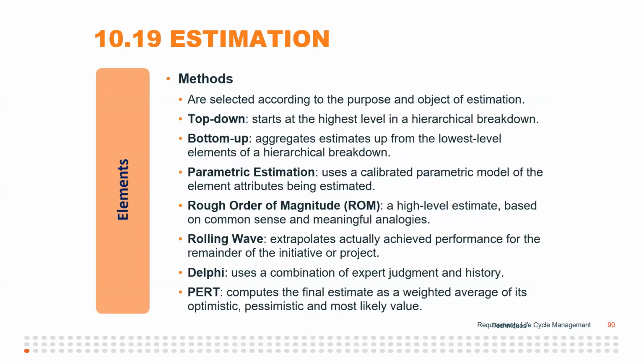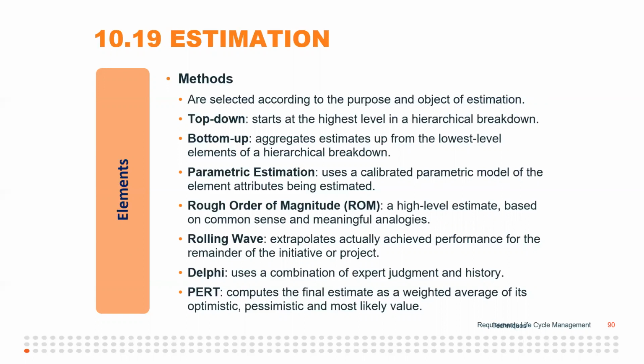Then there's also parametric estimation, where you use a calibrated parametric model of element attributes being estimated. If it was construction, you would get it down to dollars per cubic yard or something like that, and then multiply it times the number of cubic yards, right?